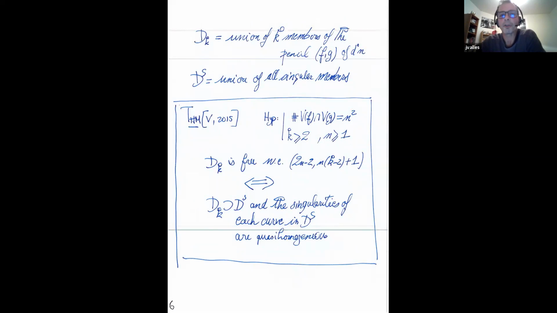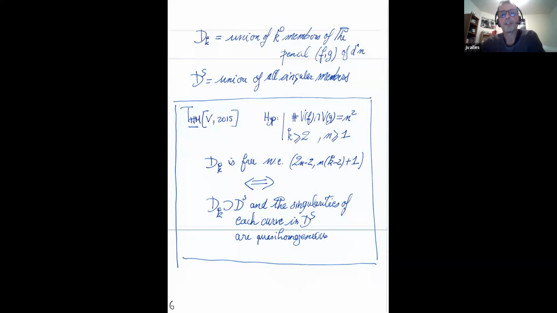It is published like this, but on arXiv I explain in a remark that it is possible to remove this hypothesis according to some particular cases, coming when K is small. It's possible to have a discussion to remove this fact.